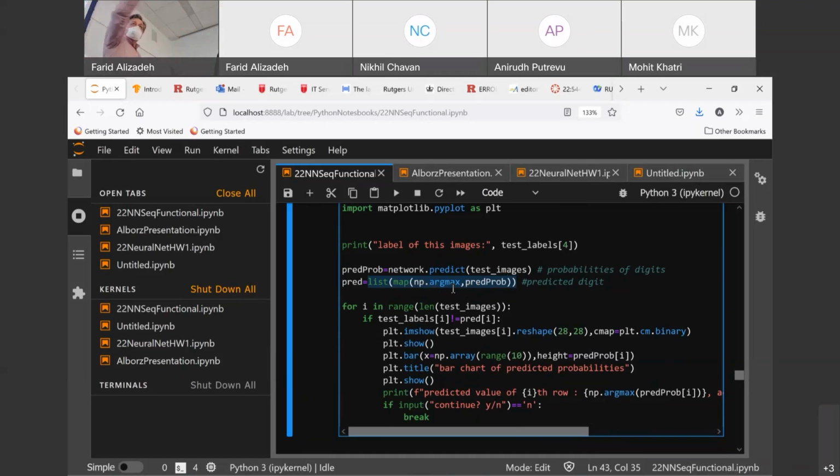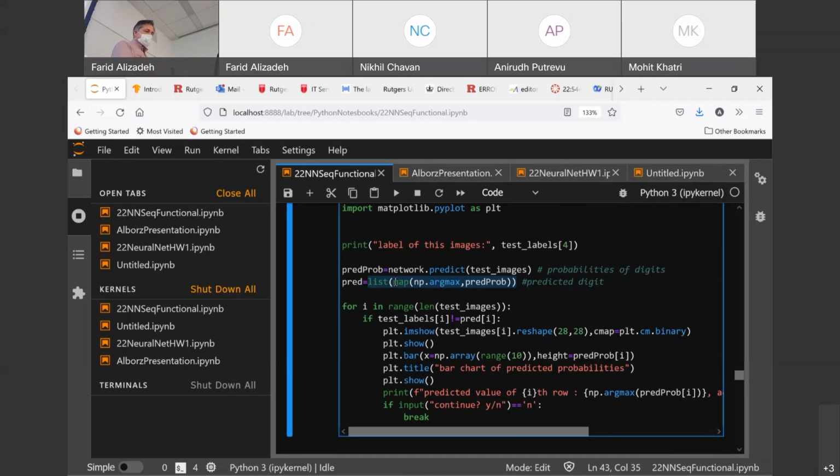Remember, if you have a vector of size 10, for example, max looks at the largest one. Argmax says where that largest one is. So if the largest probability is in the 7th position, then it is predicting 6, because positions run from 0 to 9. Okay, so it will be predicting 6. So that's what I'm picking up.